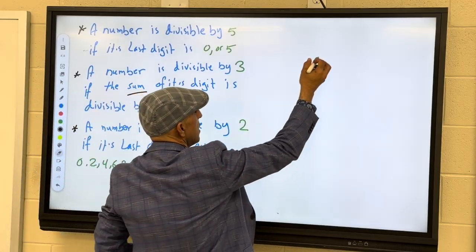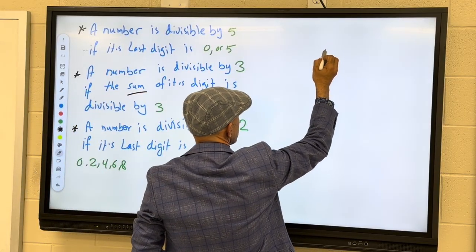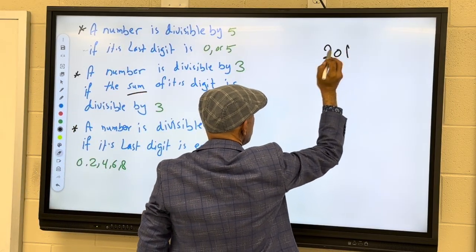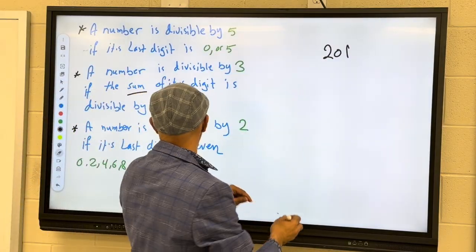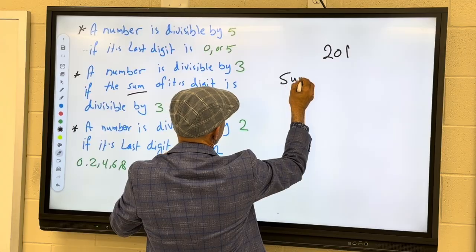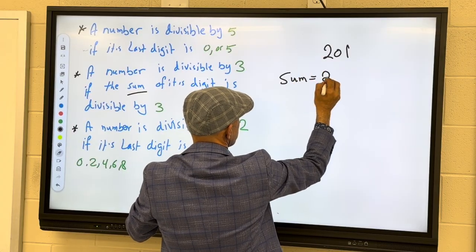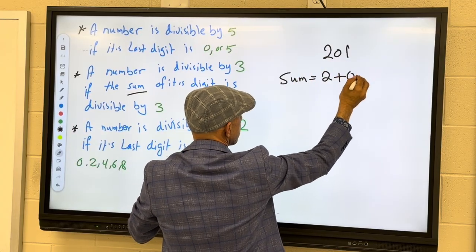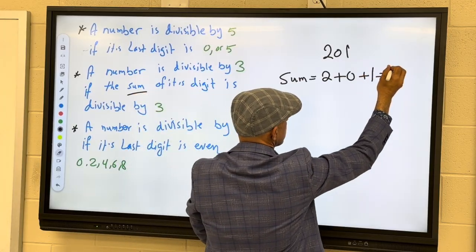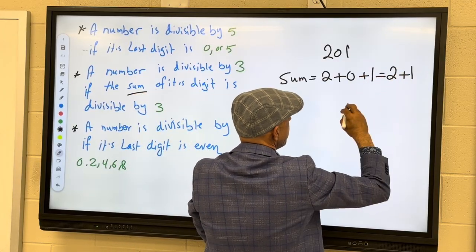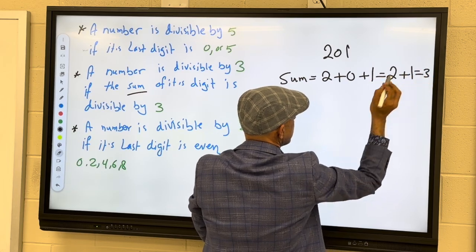For example, if you have 201, add the digits: 2 plus 0 plus 1. So 2 plus 0 is 2, plus 1. Now 2 plus 1 equals 3.